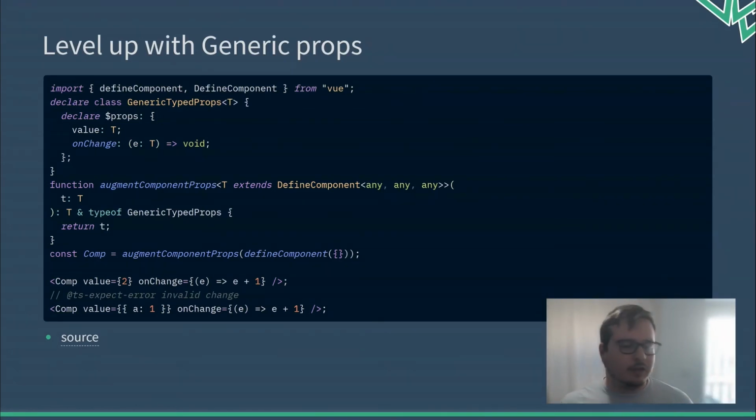On the first one, value is going to be a number, and onChange is also a number. On the second one, the component value is going to be an object with a: 1. On onChange, we're trying to do object plus 1, and that doesn't work because it's an object. So yeah, this is the explanation.